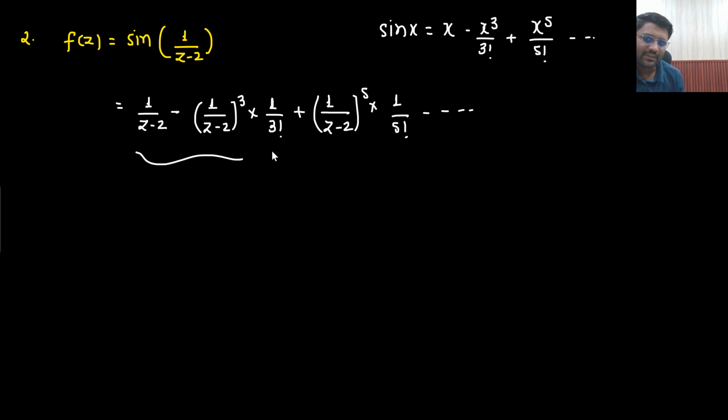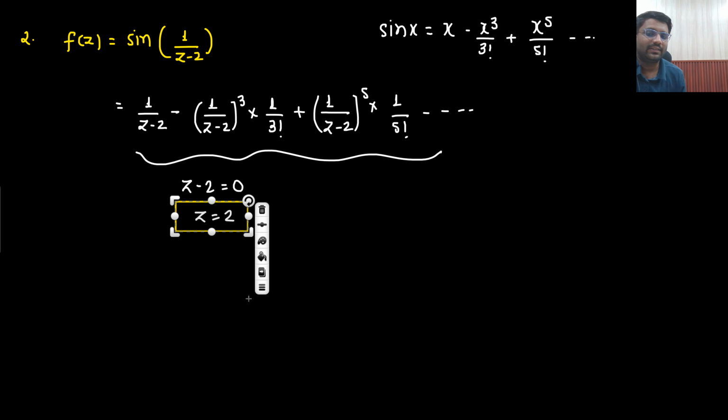And in this expression, what do you see? If z minus 2 goes to 0, that means z equals 2, then this expression will become infinity, this will also become infinity, and it will create a problem. That means, yes, sir, it is a singularity.